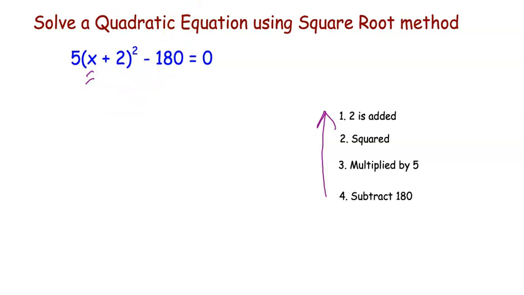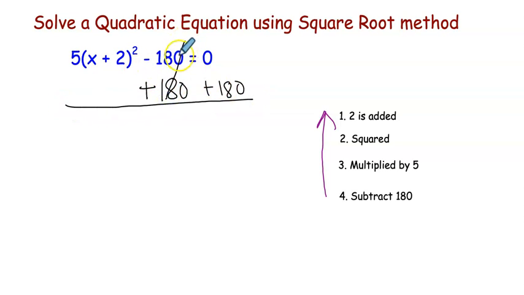Finally, x will be by itself. It's very interesting. Let us see. So, I'm going to my last step here, subtract 180. And the inverse operation of this 180 is what? Opposite of minus is plus. That is, add 180 on both sides.